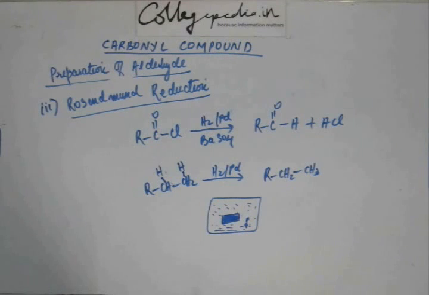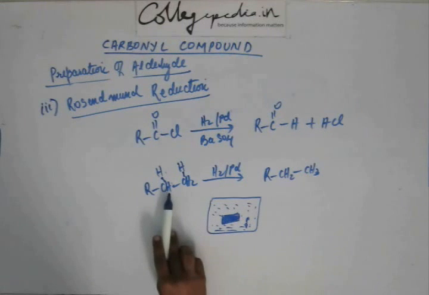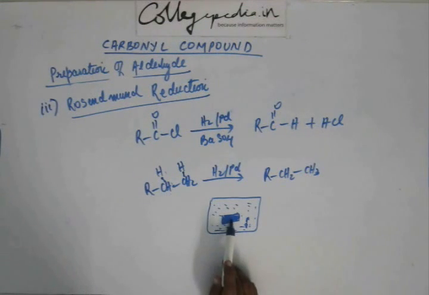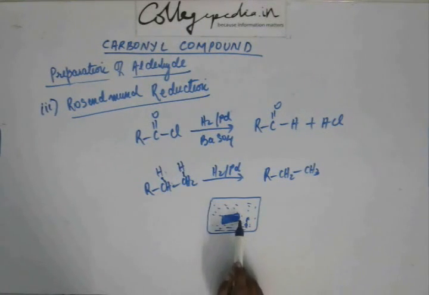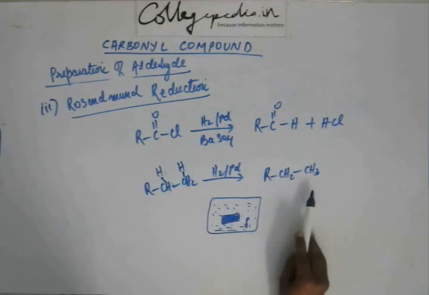D block metals are also porous, and because of that porosity they also absorb gases. So hydrogen being a gas is also absorbed into palladium, and because of its electron rich nature, the alkene is also absorbed on this palladium. So this becomes a common platform where hydrogen and alkene both meet each other, and when they meet they collide, when they collide they react, when they react we get alkane.